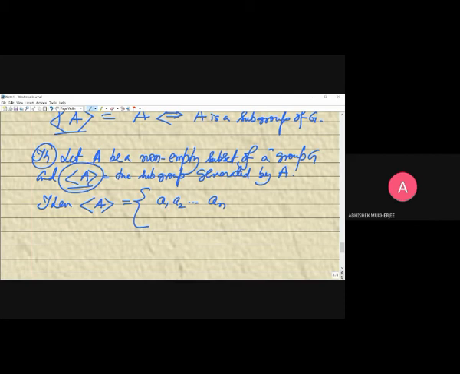In this product either ai or its inverse is in A, and n belongs to Z plus, or N. So this subgroup is comprised of those elements which look like finite products of elements a1, a2, ..., an, where these ai or ai inverse are in capital A.